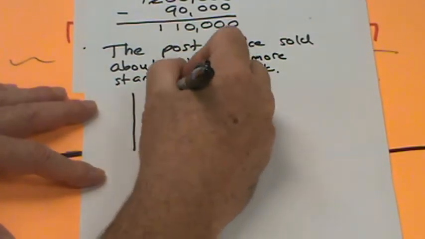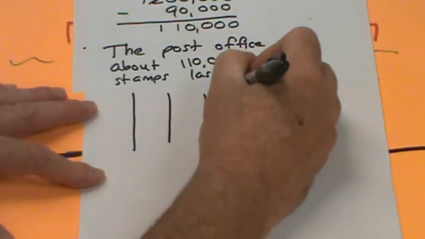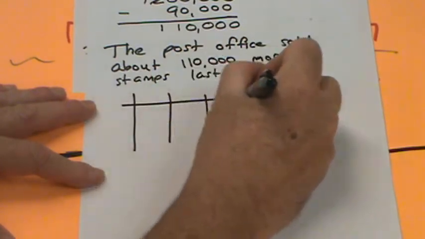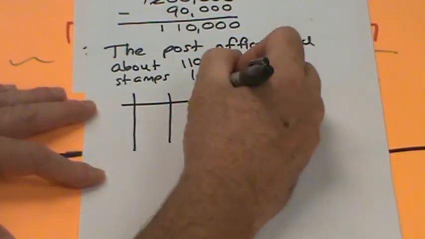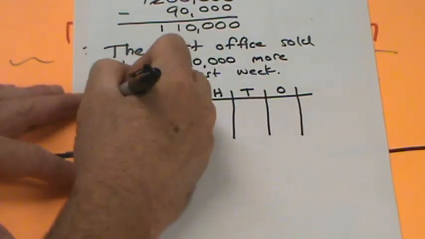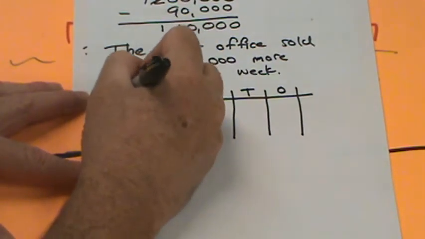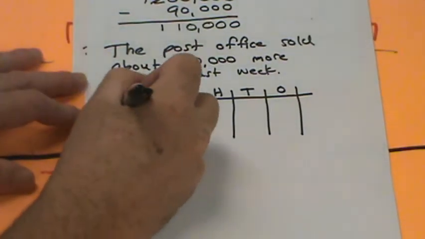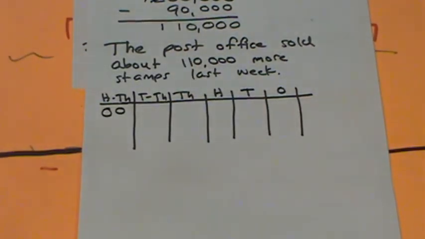Gonna make a place value chart. Please make this with me. We have ones, tens, hundreds, thousands, 10,000s, and 100 thousands. Okay, so we start off with 200 thousands, right? And we're subtracting 90,000 from them, okay? Just think about that, 90,000.